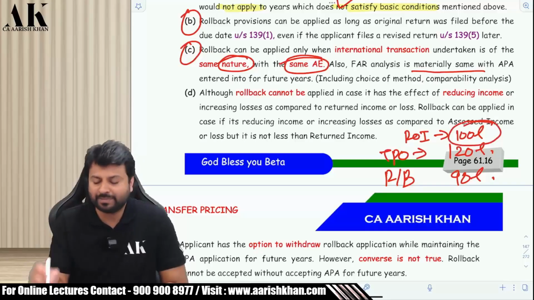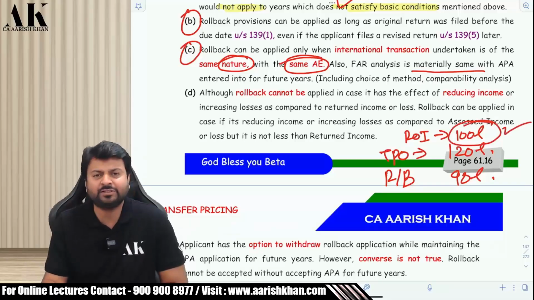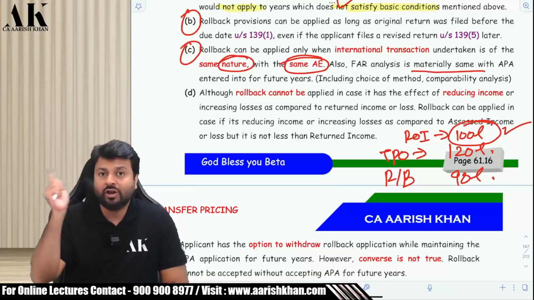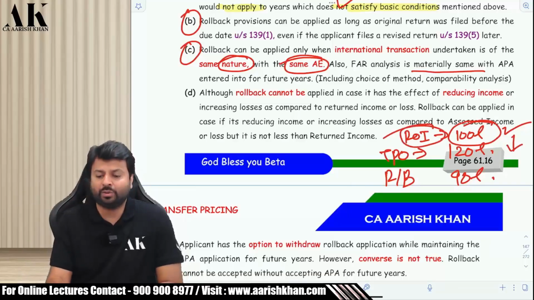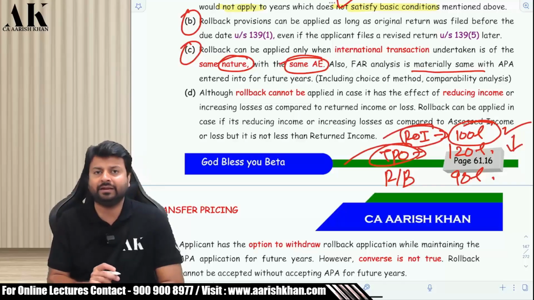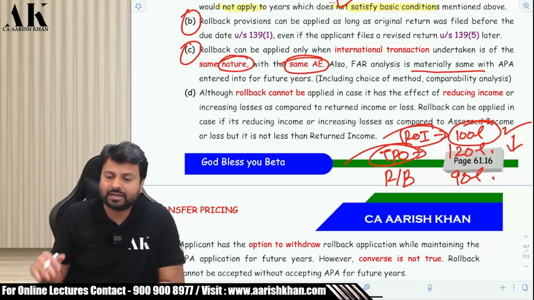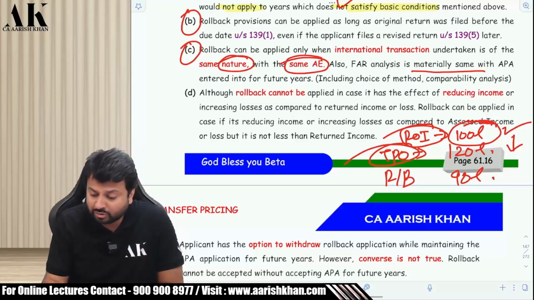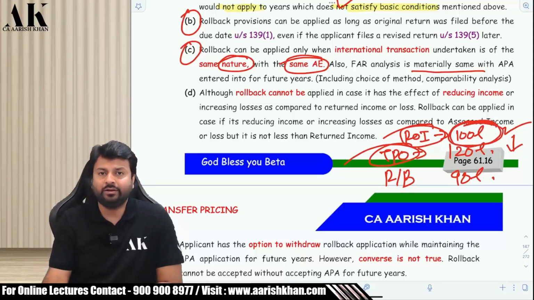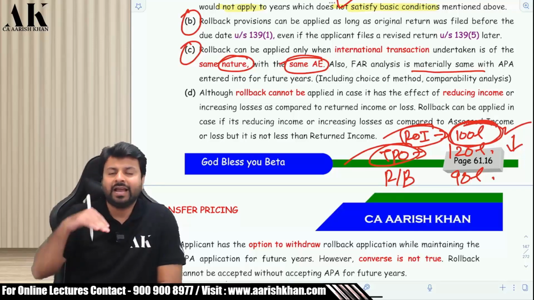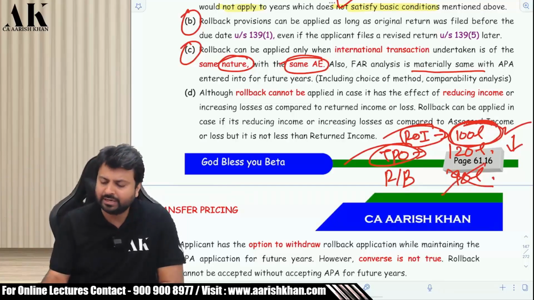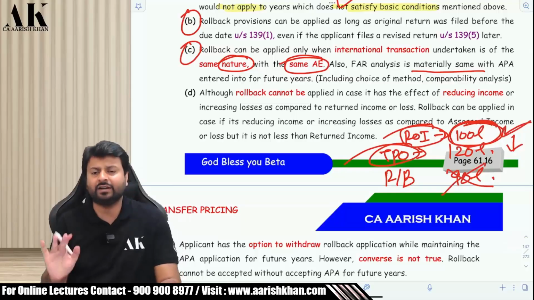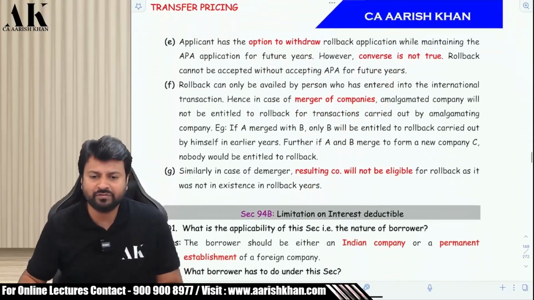Now, if you say to the department, I am ready to accept 100 rupees as my income, then rollback will be applicable. Income should not go below the income declared in the ROI. It can go below the income determined by the TPO. It can go below the income determined by the assessing officer, but it should not go below the income declared in the ROI. So if the ROI declares 100 and the TPO increases it to 120 and because of rollback it is coming to 90, you can tell the department I would accept 100 rupees, please allow me the rollback provision, and they will allow you.